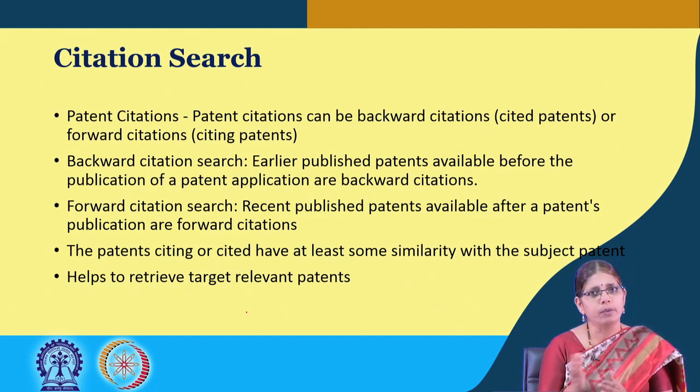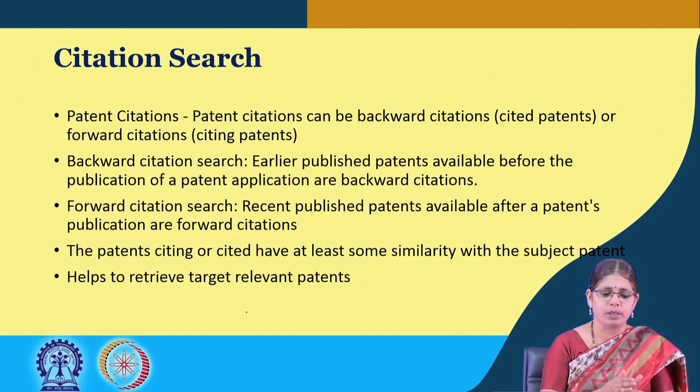So, you can have backward citations, and you can also have forward citations. Citation search is an important search to evaluate the strength of a particular patent. If many patents have been citing a particular patent number, it means that patent, that invention, is very relevant and has significance. So, this is an indirect way of assessing patents.